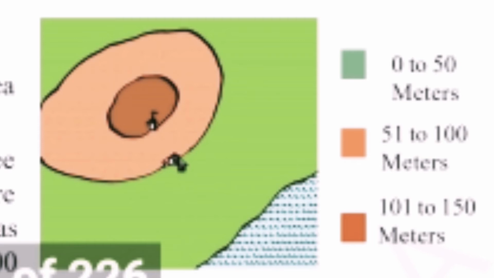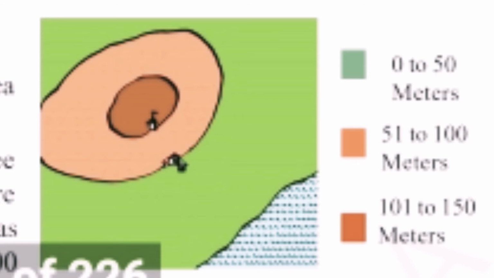Thus, any place which falls in the height zone 51 to 100 meters will have a height of above 50 meters. How? Because any place which falls in the height zone above 50, it is above 50 meters, but it is below 100 meters.